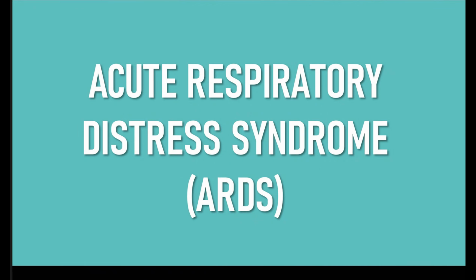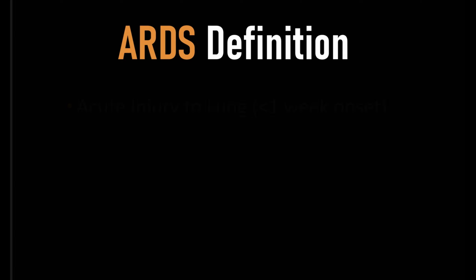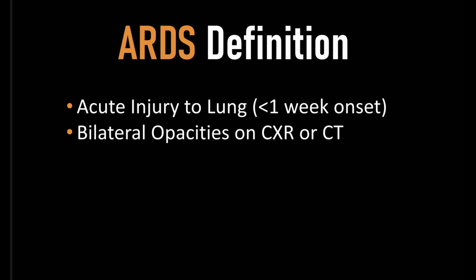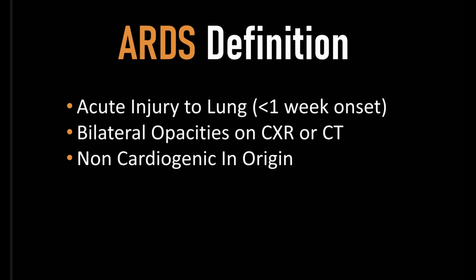ARDS, acute respiratory distress syndrome, is defined as an acute lung injury of less than 1 week duration. There must be bilateral opacities on chest X-ray or CT, and there is usually pulmonary edema that is non-cardiogenic in origin.